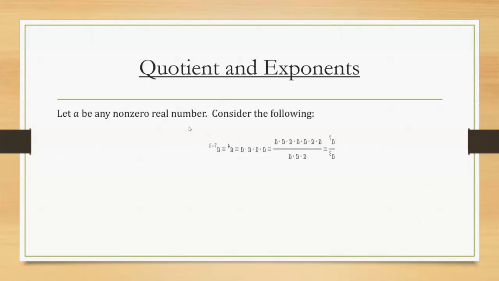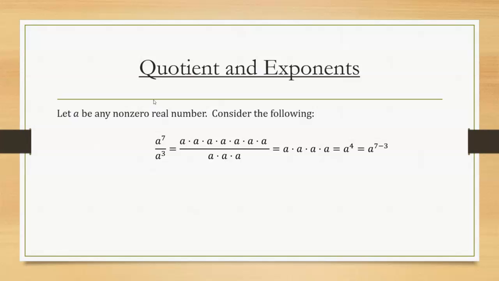So again, let's consider an example to see what's going to happen. So we have a here is not 0, right? It's a non-zero number. If we had a to the 7th divided by a cubed, what's a to the 7th? Well, that's a times itself 7 times.